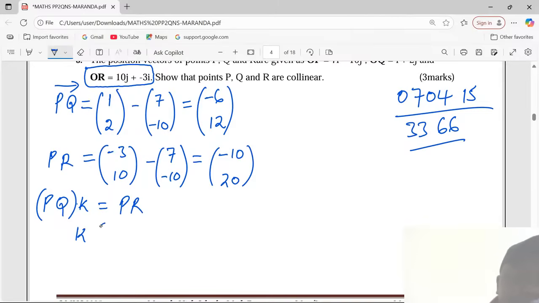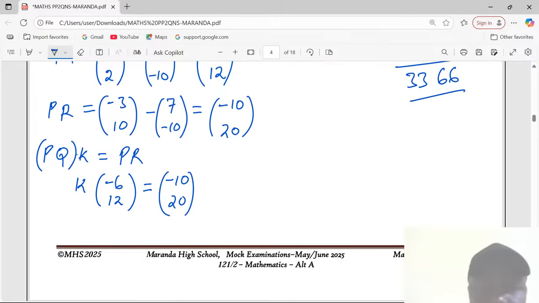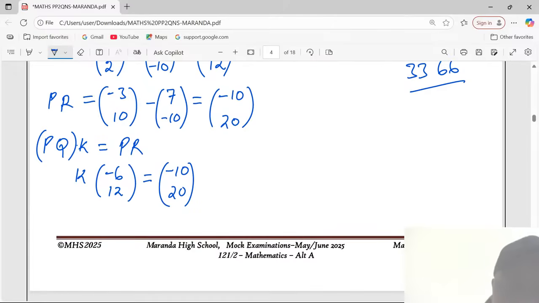So k times (−6, 12) equals (−10, 20). From the x component, −6k equals −10, meaning that the value of k is 10/6, which is 5/3.